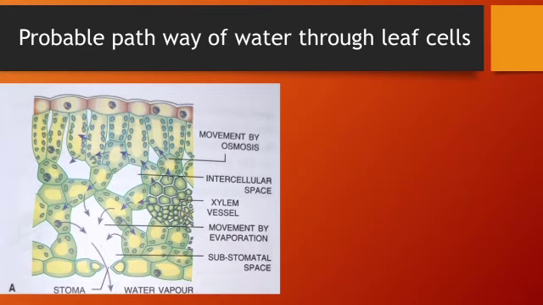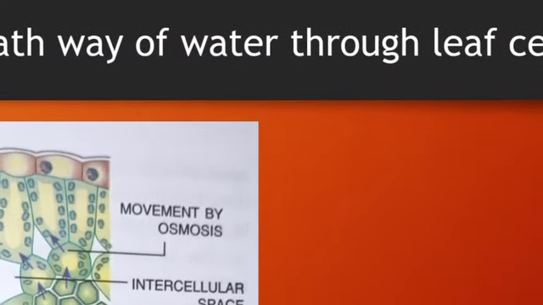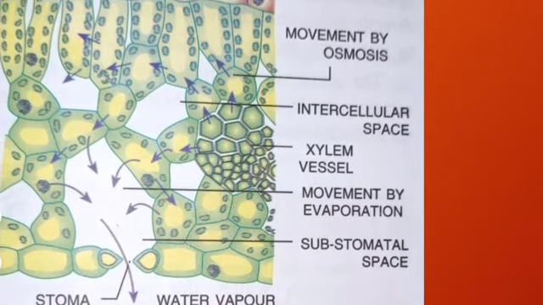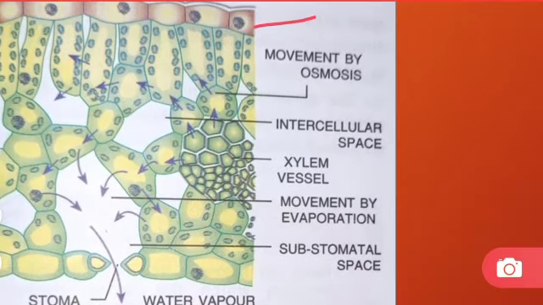Now this is the structure given in your book, in which it is mentioned that there are two layers of the leaf, the upper epidermis and the lower epidermis. These are the palisade cells, as I said, and these are the spongy parenchymatous cells. Now what happens when the water reaches these cells?